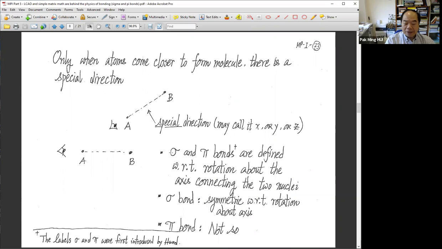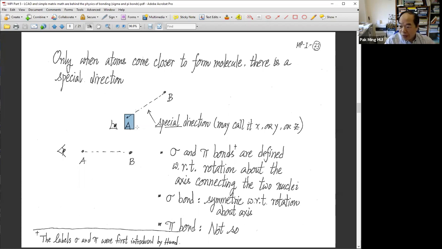So here is a key concept that I already mentioned, but worth remembering in understanding molecules. An isolated atom alone has no sense of direction. It doesn't know what is X, what is Y, what is Z, okay?